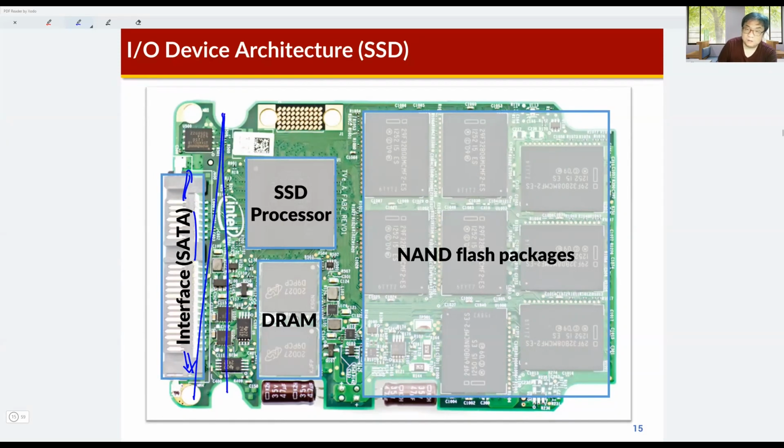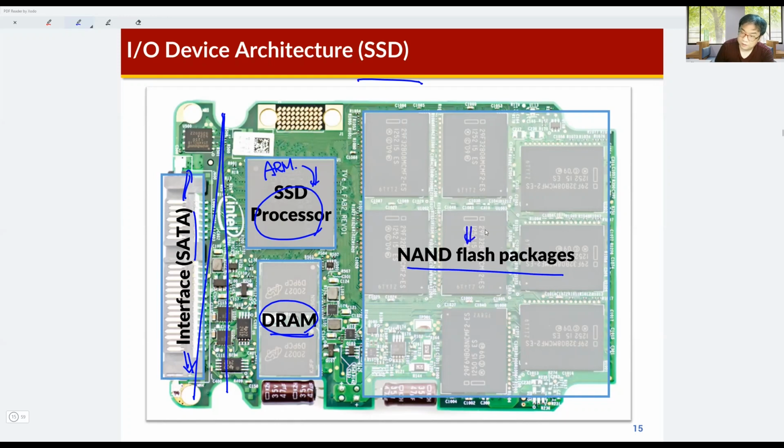And then inside of the SSD, we can find the SSD processor. We usually use an ARM processor or real-time ARM processor as the SSD processor. The SSD may have DRAM, and the SSD also has NAND flash memory.